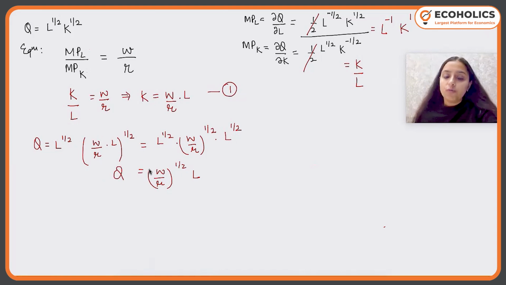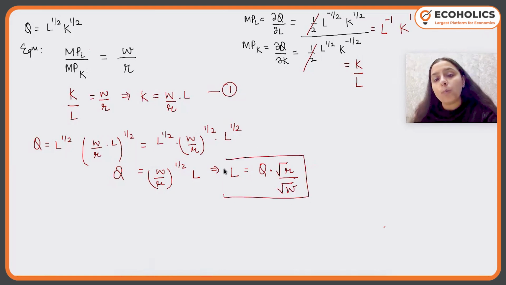So this is the value of Q I'm getting. From here, what am I going to get? From here, I will get the value as L equals Q into, half means under root, so under root R upon under root W. This is the optimized value of L, the labor.